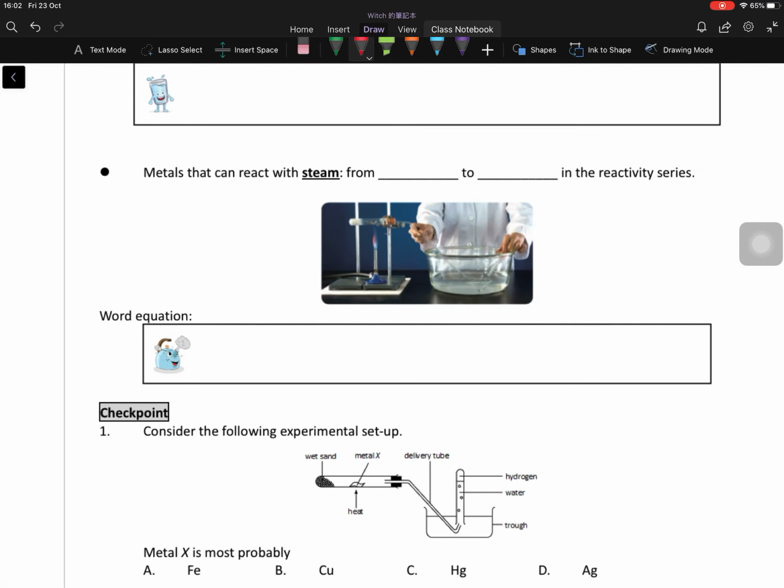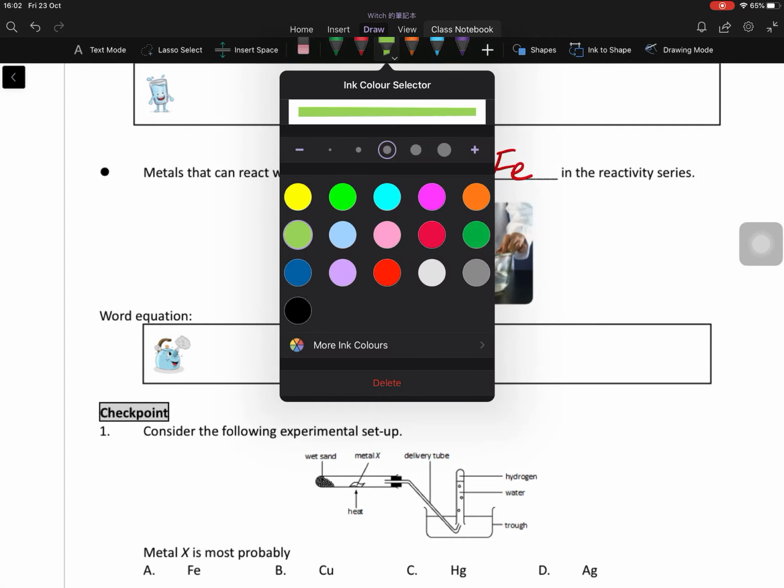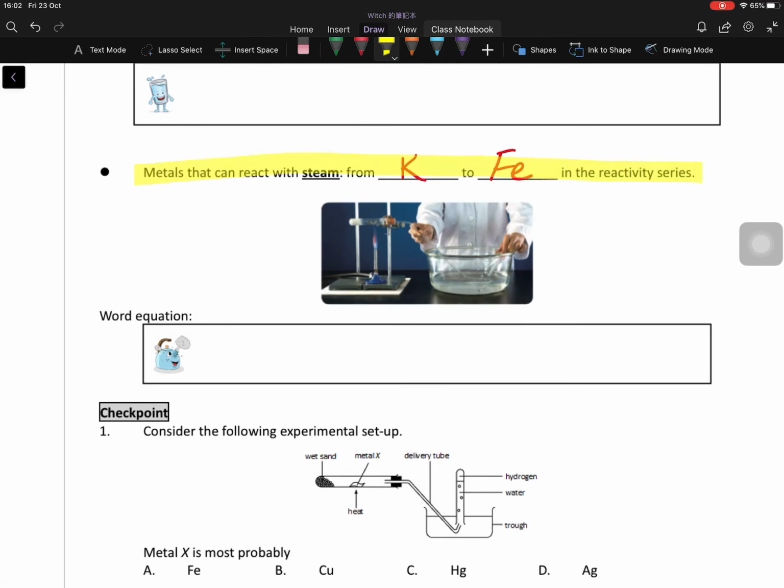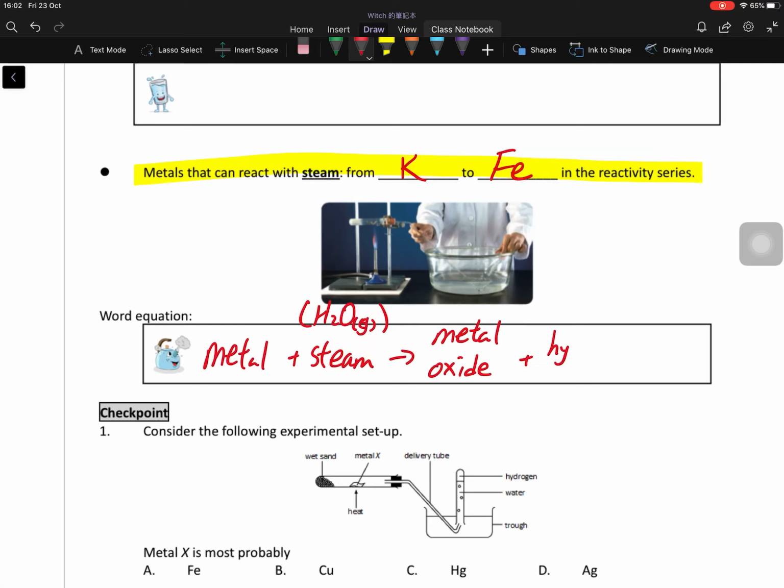Back to our discussion. Now write it down again. From potassium to iron in the reactivity series, we can have a reaction with steam, and the word equation will be metal reacts with steam, which is H2O(g), where (g) is for gaseous state, to give metal oxide and hydrogen.